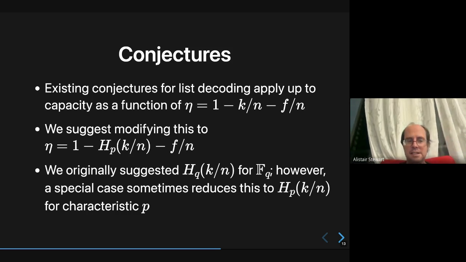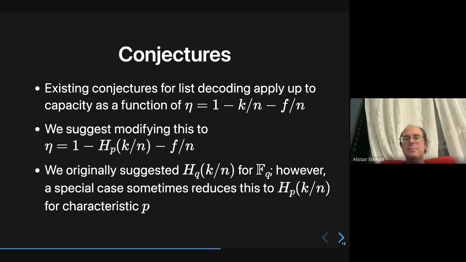The analogy with the list decoding capacity result from the 50s indicates that we should just replace this k over n term with this entropy, which is within about 1 over log p. Basically, the idea is that we substitute this into the list decoding conjecture, the correlated agreement conjecture, and the mutual correlated agreement conjecture, and they're possibly all fine as far as we know.